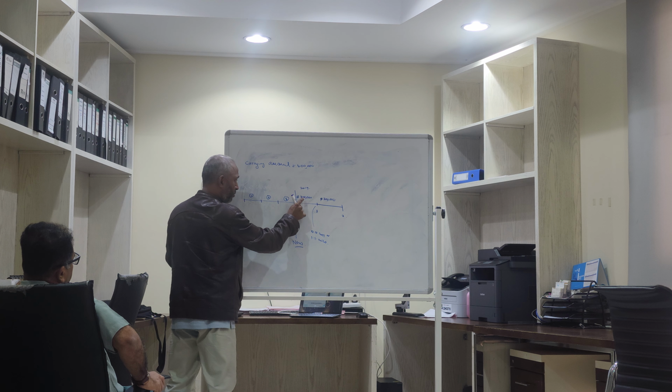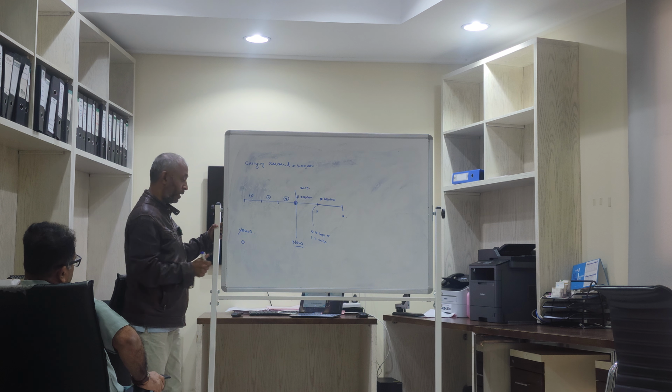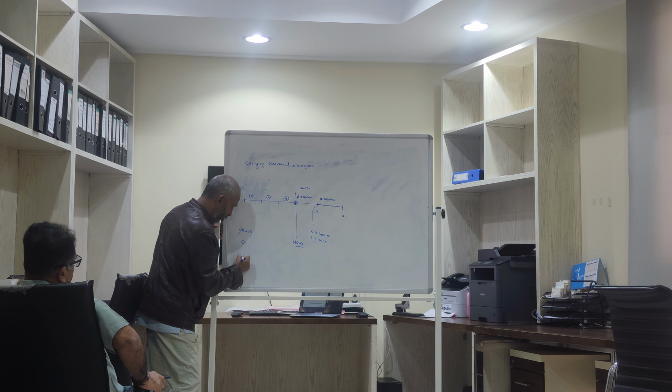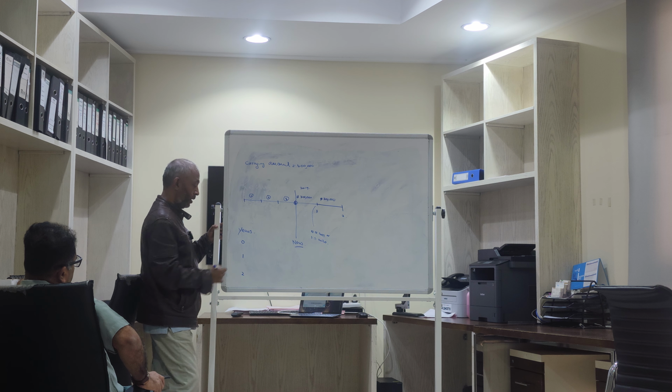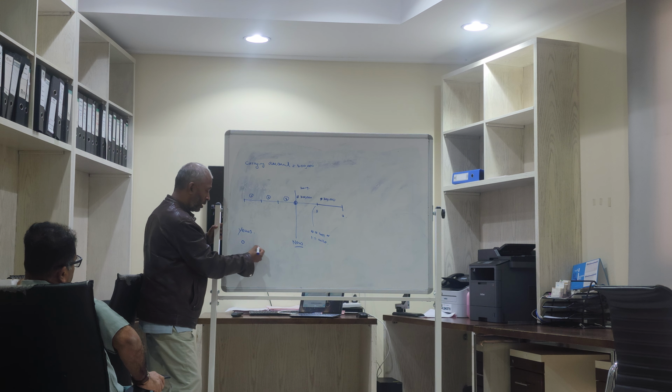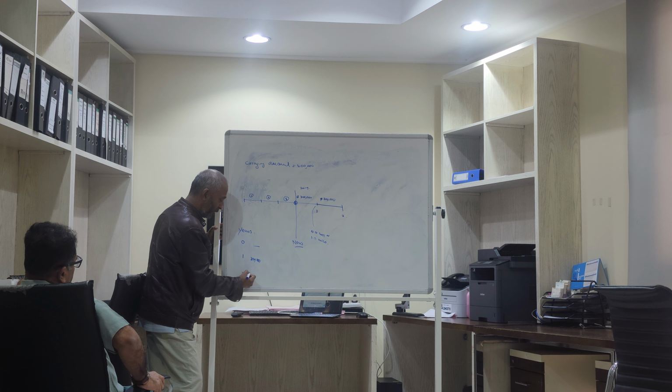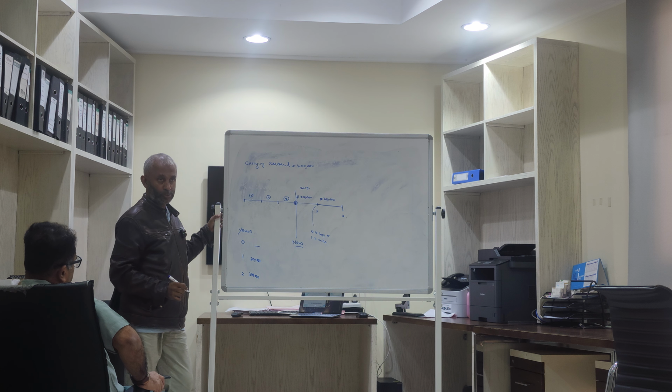By that time, I have generated a cash flow of 300,000. So years 0, 1 and 2: no cash flow at year 0, and 300,000 at year 1. For the sake of simplicity, year 2 also, I have 300,000.